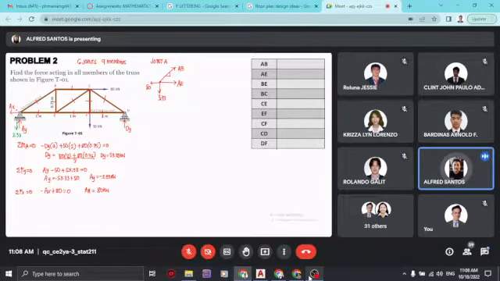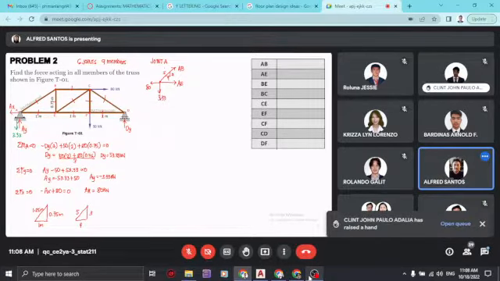And then what's your slope? Ano slope natin? Pwede ko gamitin na 3, 4, 5 pa din, no? Bakit? Kasi this is 0.75 and this is 1 meter, and then this is 1.25 upon solving yung resultant natin. Or we can reduce it into whole numbers, meaning this can be 3, this can be 4, and this can be 5. Pwede naman kahit alin yung gamitin nyo, but I prefer 3, 4, 5.